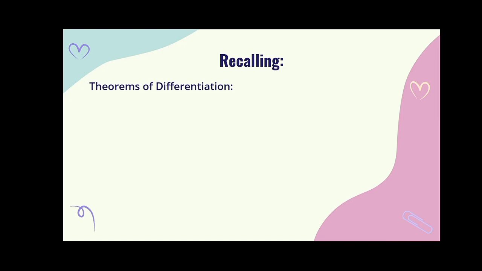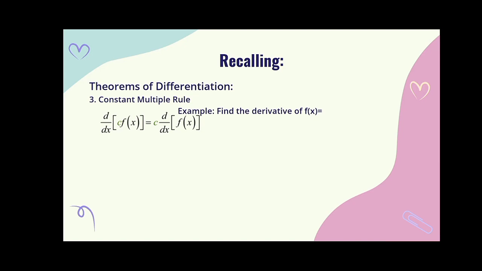The third theorem is the constant multiple rule, wherein this is the formula or the general definition of a constant multiple rule. For further explanation, for example, find the derivative of f of x is equal to 4x raised to 5.